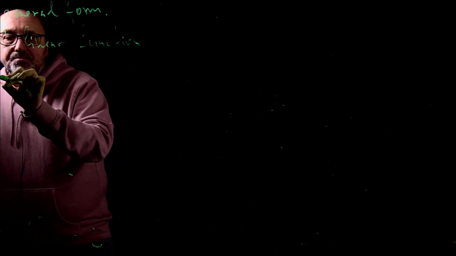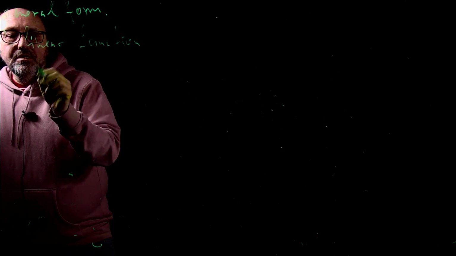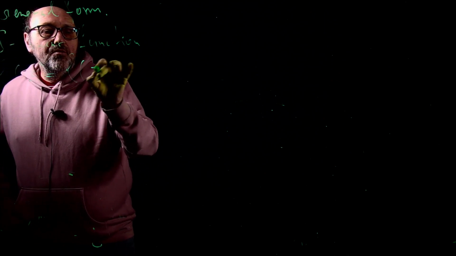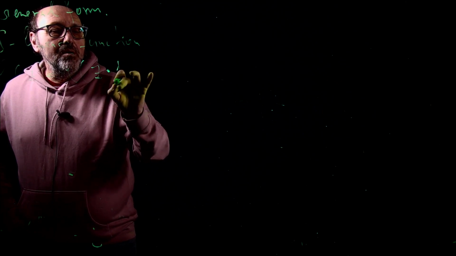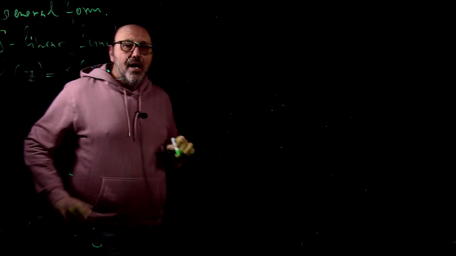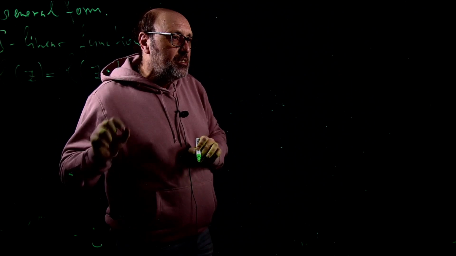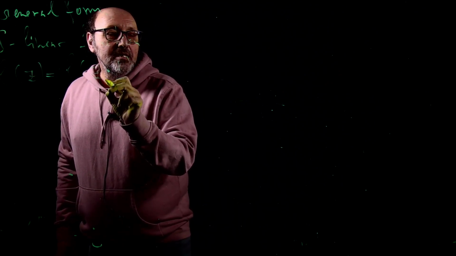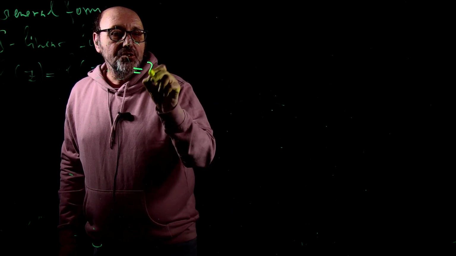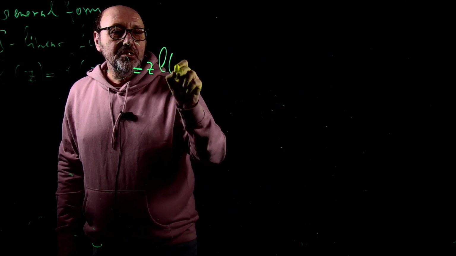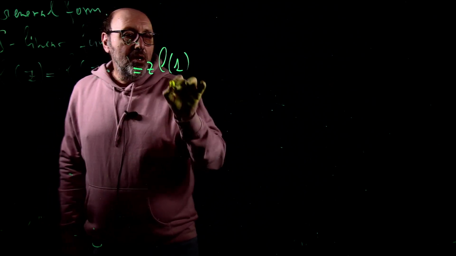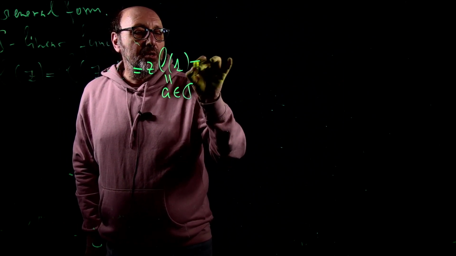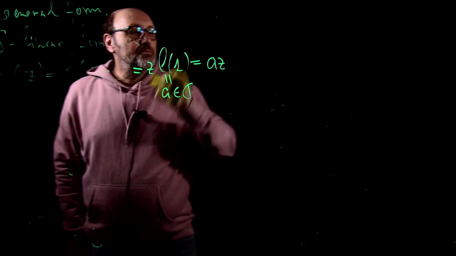If we consider L of z, we can write it as L of z multiplied by 1, right? And because our form is C-linear, we can put the number z before the action. So this is z times L of 1. L of 1 is just a fixed complex number a, so we obtain az.